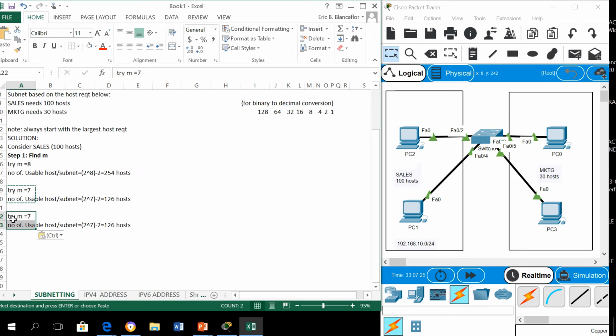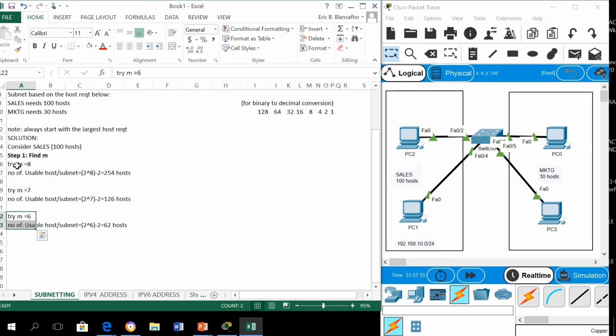If M is equal to 6, that's 2 raised to 6 minus 2: 2 raised to 6 is 64, minus 2 is 62 hosts. If I use this, there are only 62 hosts. I need 100, so I cannot use this one.